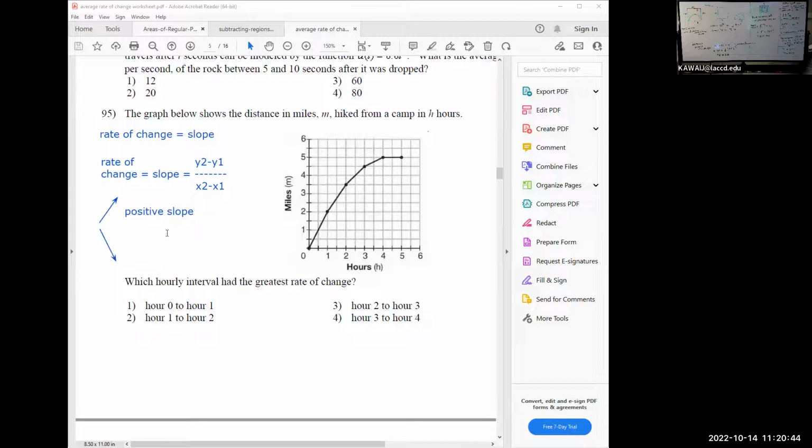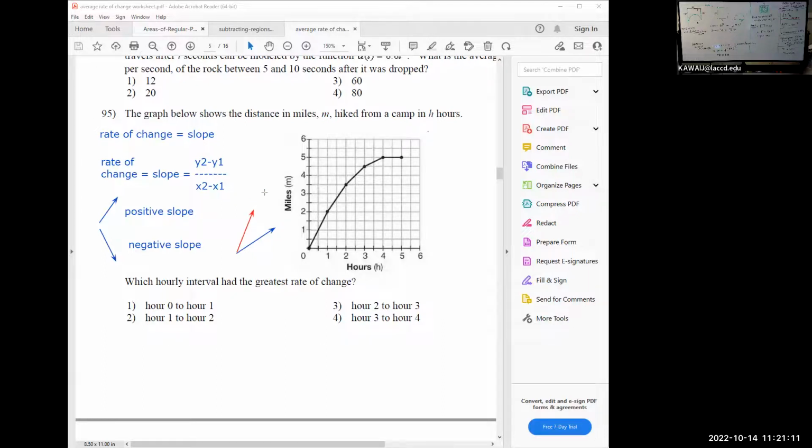So this is negative slope. Okay. Now they don't call it slope. They call it rate of change. Rate of change and slope are exactly the same thing. Okay. Now, when trying to compare whether one has a bigger slope than the other, the red line has a bigger slope.